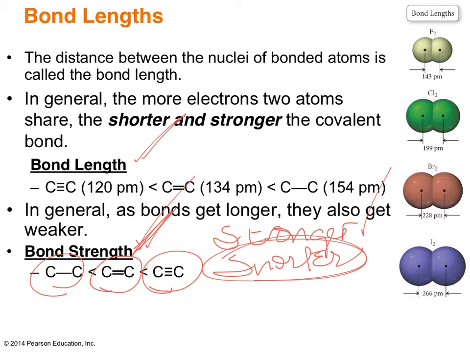And now looking at bond length, the shortest bond is the strongest one. So a triple bond, because there's such strong pull between the atoms, a triple bond is the shortest, okay? And a single bond is the longest.